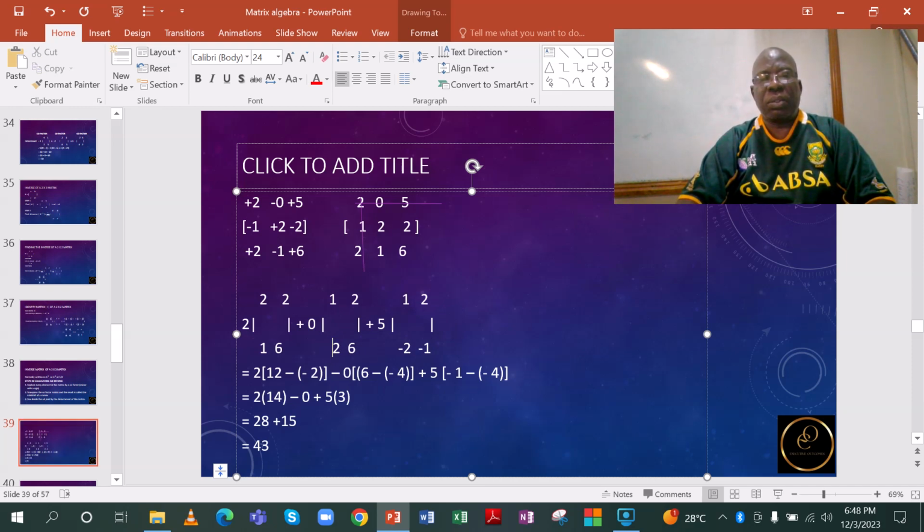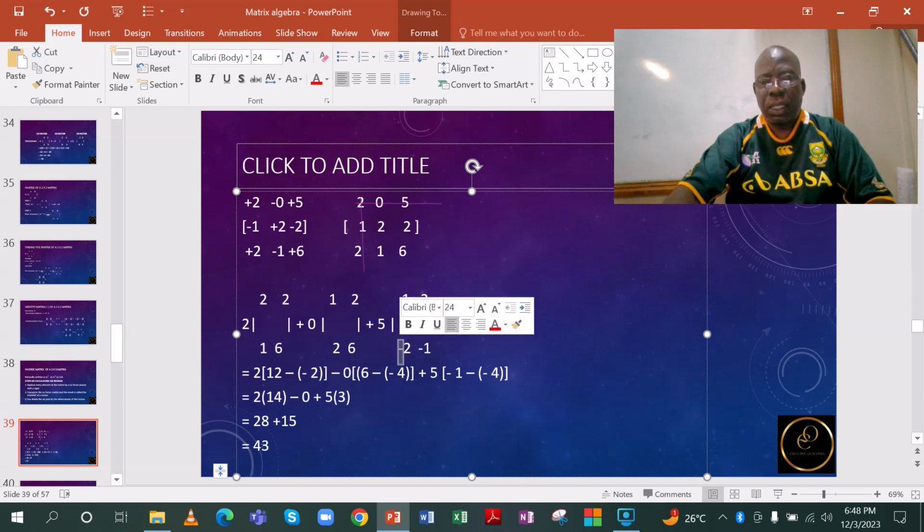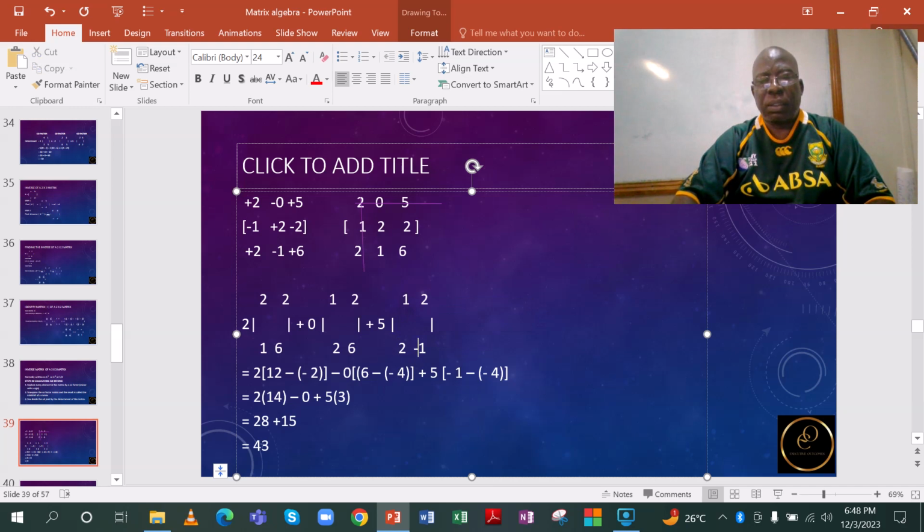The last one, 5, you cross out its row and column. You have 1, 2, 2, 1 as positive values here.